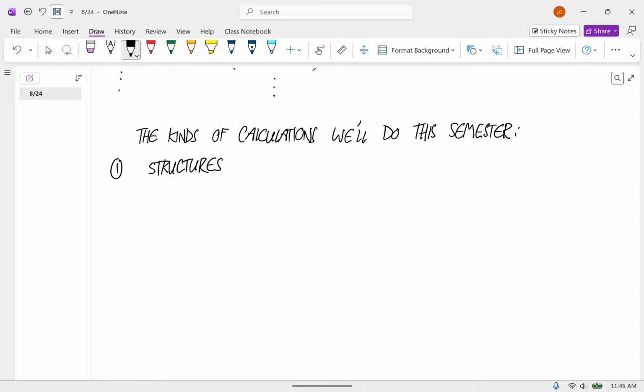So let me just give some random example. Let's say we have this structure like this. And all of these are connected by hinges or pin joints.